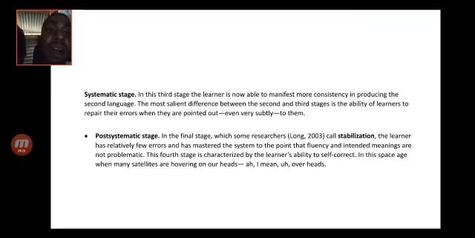The fourth stage is characterized by the learner's ability to self-correct mistakes. When many satellites are hovering on our heads, I mean overheads.